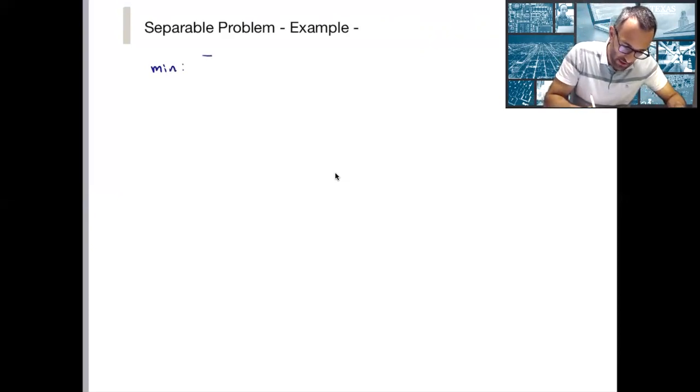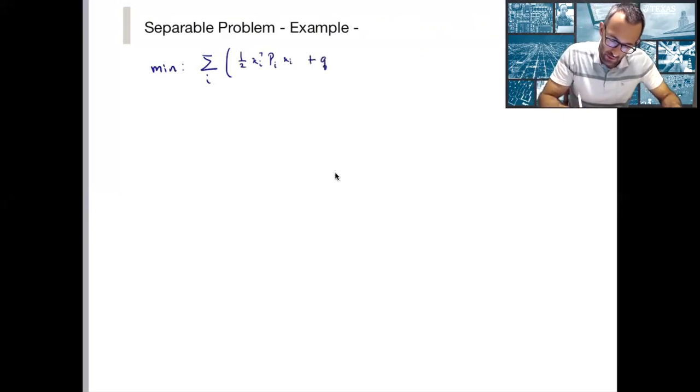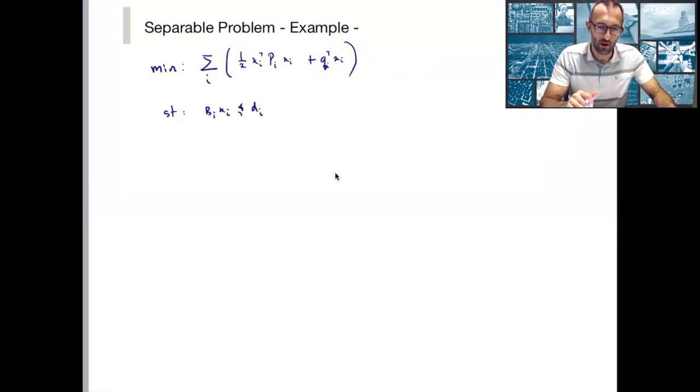So I want to minimize the sum over i of a bunch of quadratics, 1/2 xi transpose Pi xi, where again xi is going to be a block of variables of dimension di, which doesn't even have to be the same, plus qi transpose xi, subject to uncoupled constraints, a constraint on each one: Bi xi is again less than or equal to, in whatever is the relevant cone that we care about for our problem.